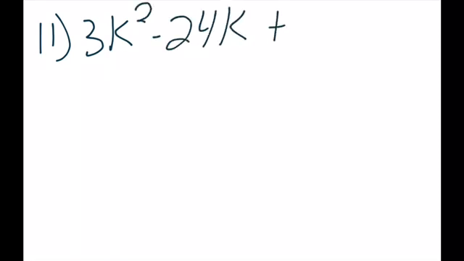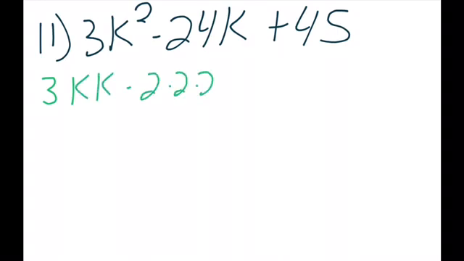Okay, our next one, number 11, was 3k squared minus 24k plus 45. First thing I want to do is see if I have a GCF. So I have 3k minus 2 times 2 times 2 times 3k plus 3 times 3 times 5.